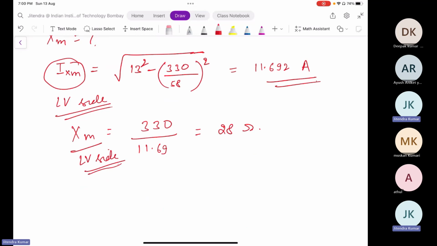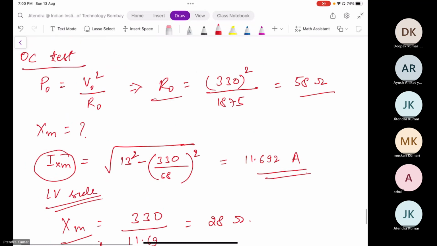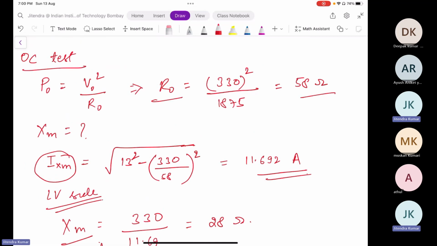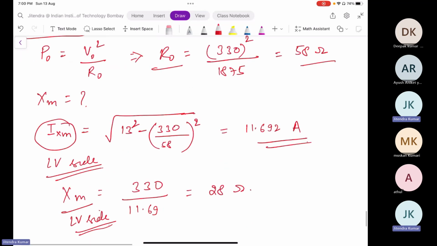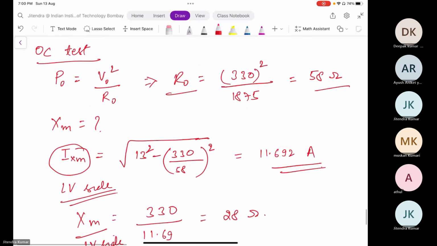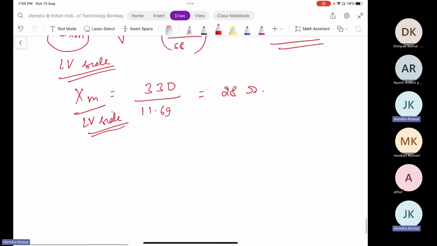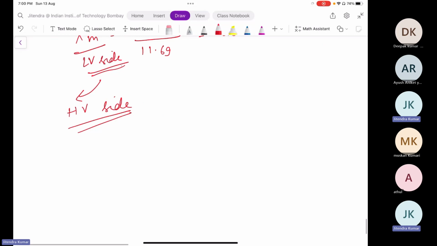We have computed XM and R0 from the LV side, right? But generally, OC test parameters we refer to the HV side. Am I right? So we need to further compute both parameters towards the HV side. So what should be the value of XM with HV?